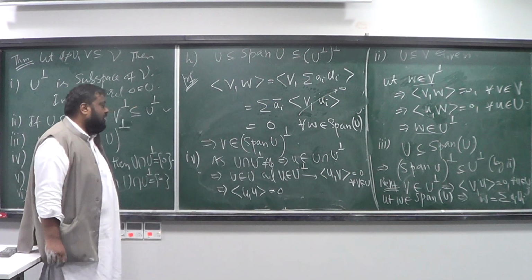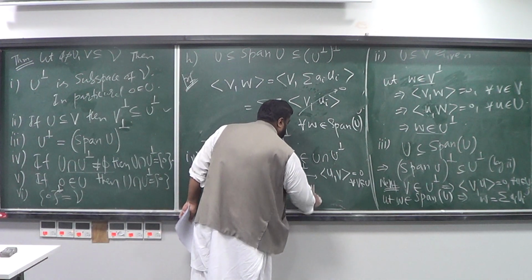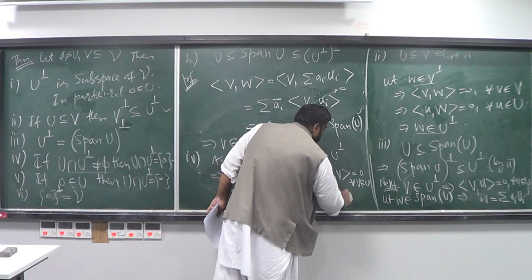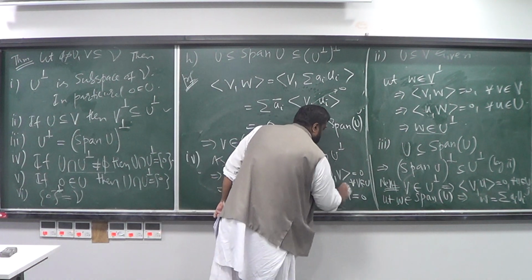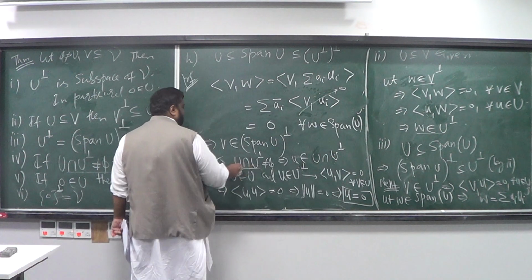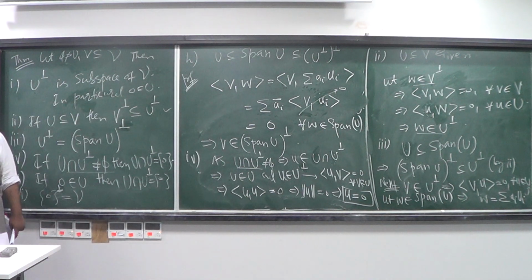And if the inner product of u with u is 0, that means that the norm of u is 0. And if the norm of u is 0, the vector u must be 0 itself. So we picked an arbitrary element from U intersection U perp, and we showed that if there is something in the intersection, that thing should be vector 0.